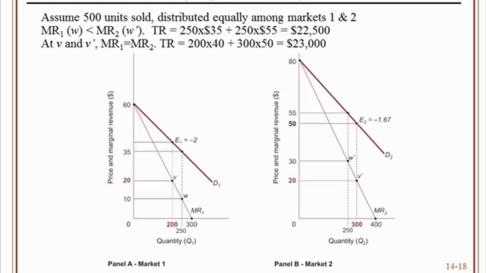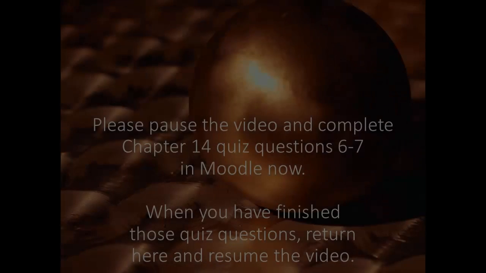They looked at points V and V prime to see that marginal revenue in market 1 equaled marginal revenue in market 2, $20 apiece. Well, that would mean that they would be charging a $40 price in market 1, and they'd be charging a $50 price in market 2. And if you calculate total revenue, they end up getting higher total revenue as a result of setting the marginal revenues equal to each other.